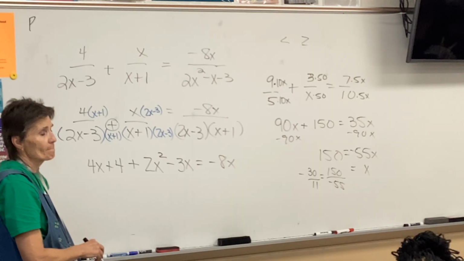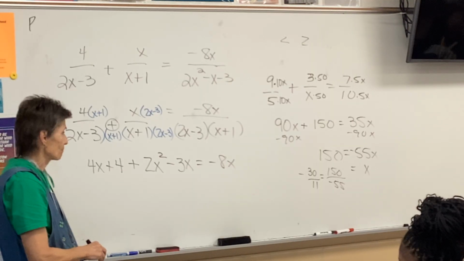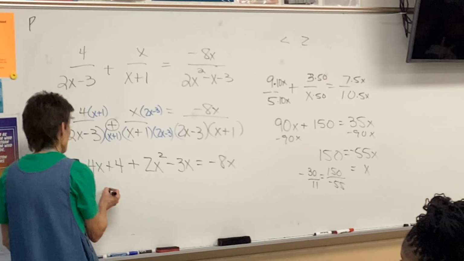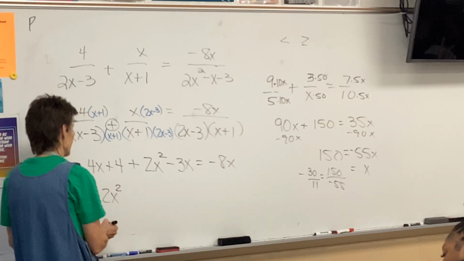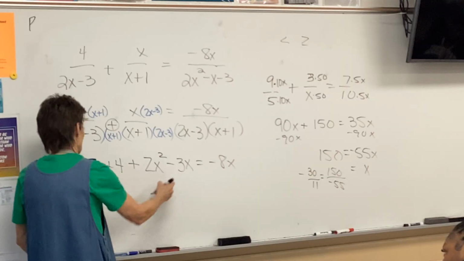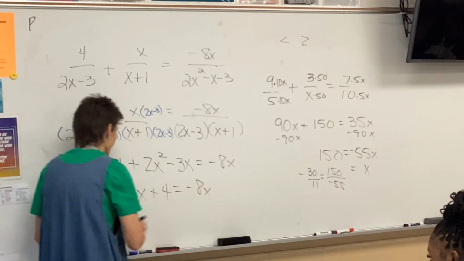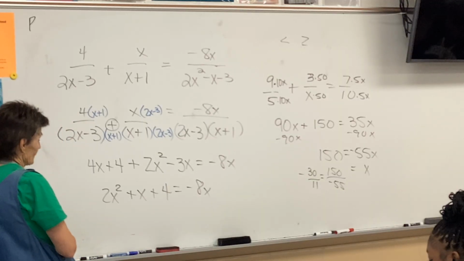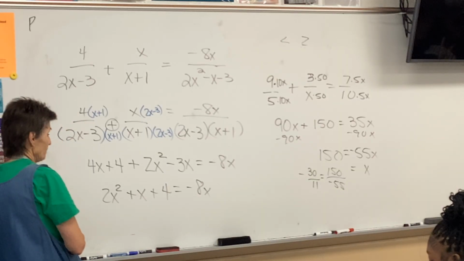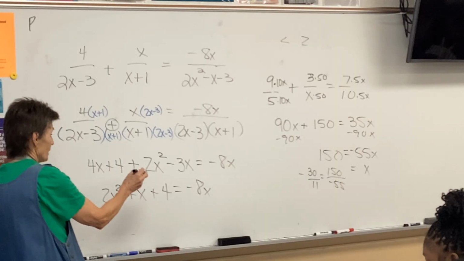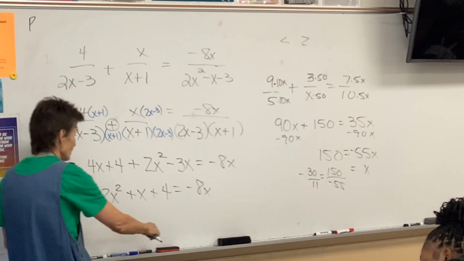All right, now what? So clean it up a little bit. So we got 2x squared plus x plus 4 equals negative 8x. Did I do that right? Yeah. Then I'm going to have to add the 8x over here.